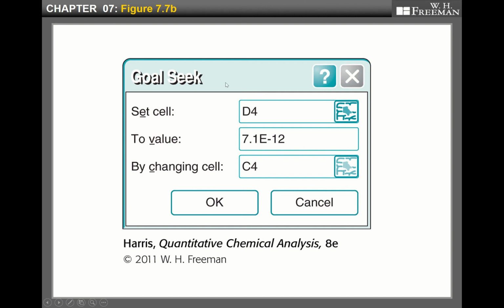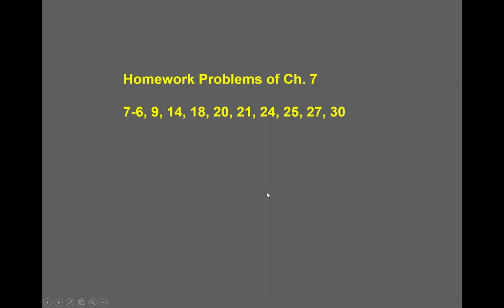This is a captured picture from Excel. This is the end of chapter 7. So I will give you the problems. These are selected problems for you to solve, and then you upload your answers into the eCampus.